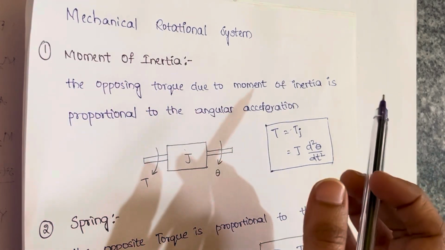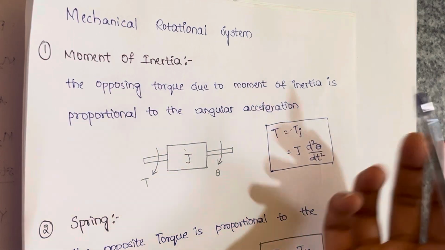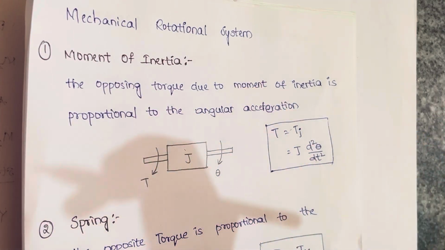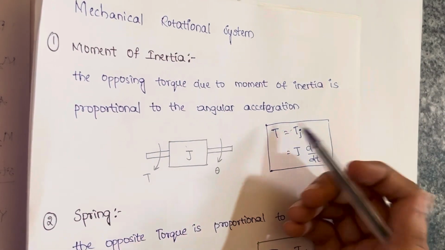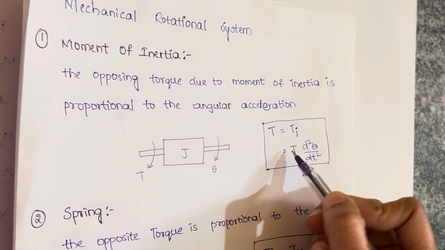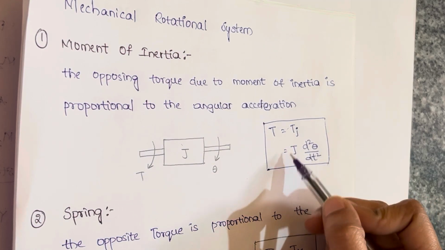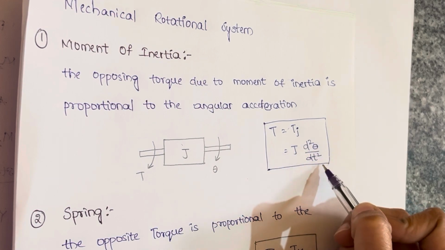In the spring case, theta will be the angular displacement. In dashpot it will be the angular velocity. The equation is given as T equals Tj, which in differential equation form is J d square theta by dt square.